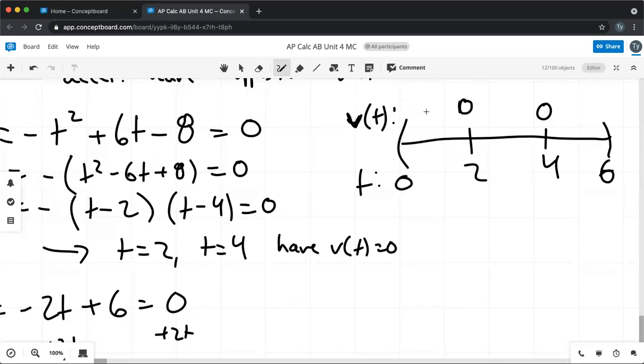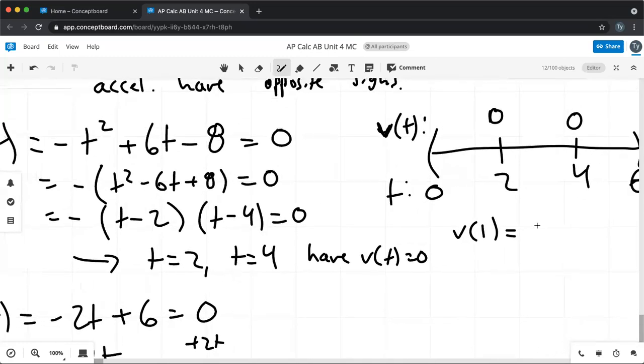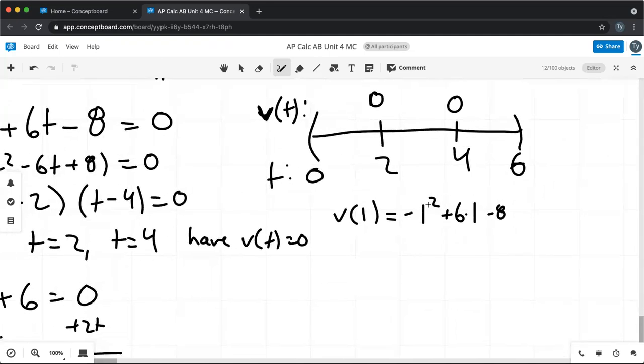So what we do is we just pick a value between 0 and 2 and plug it into our velocity and check to see the sign. Let's pick 1. When t is 1, we have negative 1 squared plus 6 times 1 minus 8. 1 squared is 1, and we have a negative, so that's negative 1, plus 6 times 1 is plus 6, minus 8.